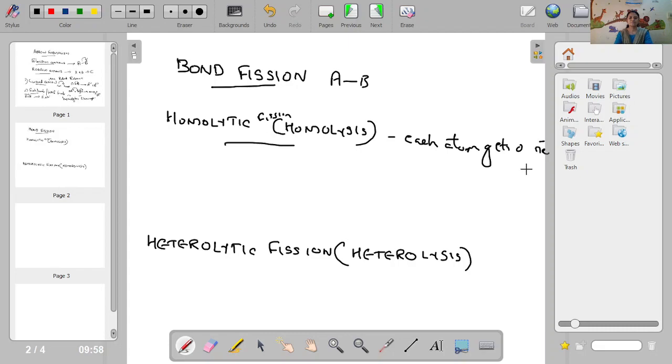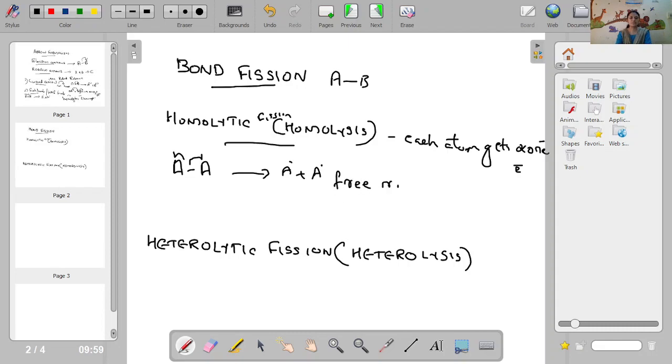We have already discussed this under half-headed arrows. Half-headed arrows or fish hook arrows are commonly used to represent homolytic cleavage, and in this case, A-A, if homolytic cleavage occurs, what are the products? A dot plus A dot. So free radicals are generated.